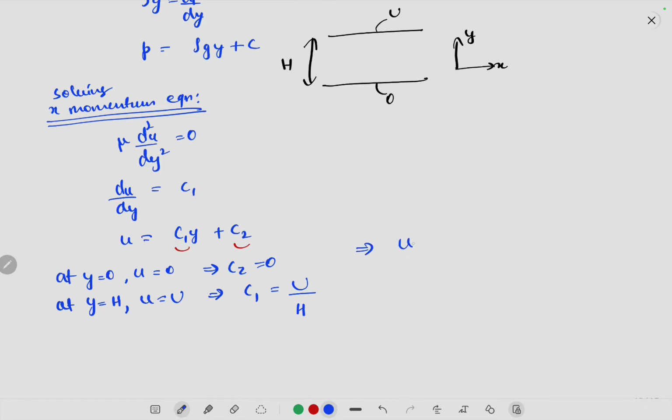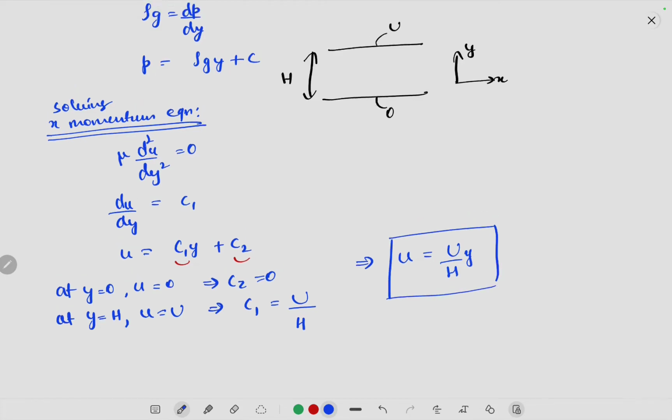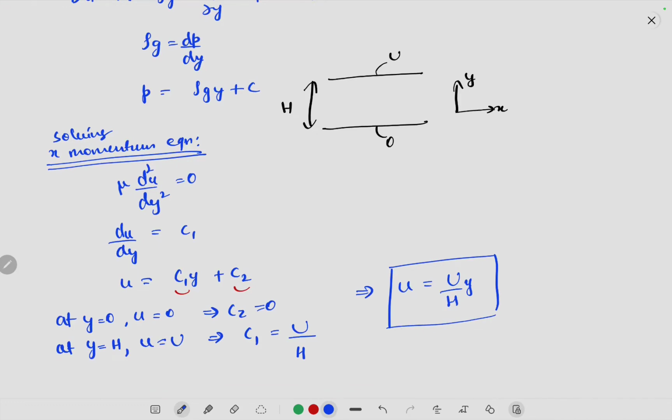This implies my velocity profile will become c1, which is U by h, times y, plus c2, which is 0. This will be my velocity profile. This velocity profile will be linear. If I draw it, it will look something like this.